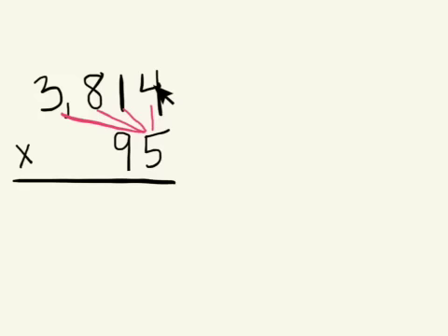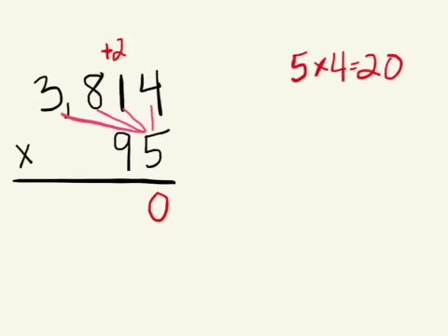First of all, 5 times 4 is 20. Well, there's not room in the ones place to write a 20. So we can regroup 20 and think of it as 0 ones and 2 tens. So we have an extra 2 tens that have spilled over. And we got that by going 5 times 4 is 20.